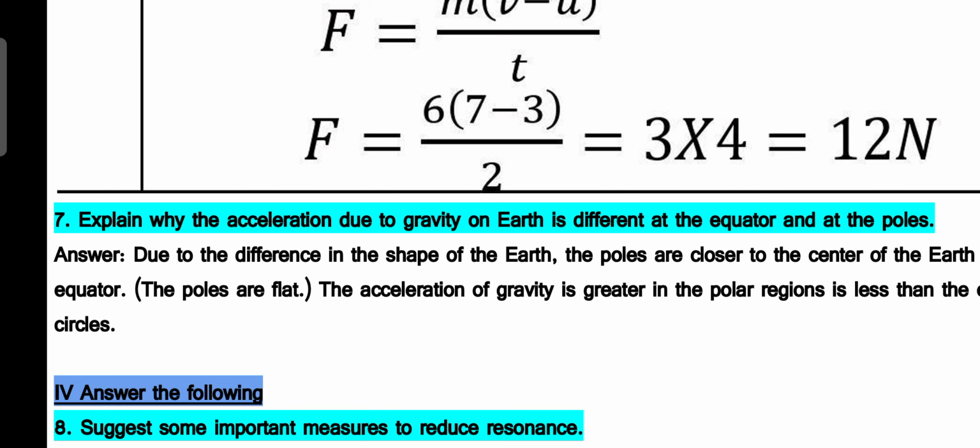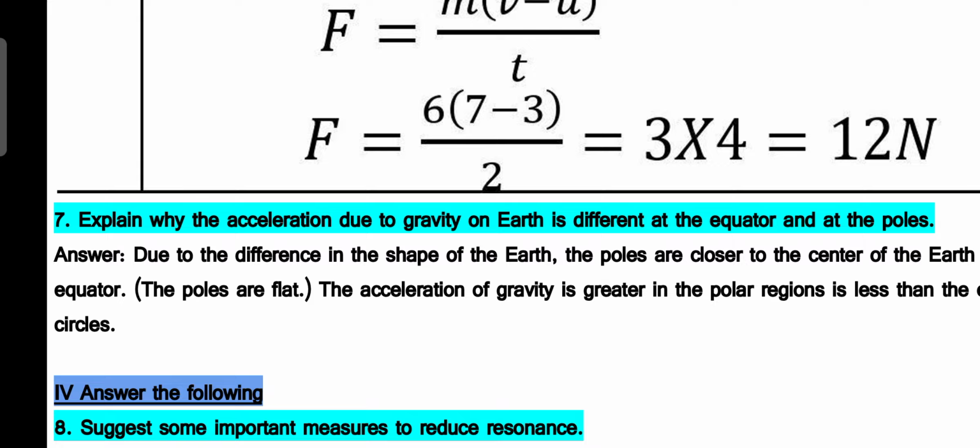The next question we are going to take is: explain why the acceleration due to gravity on earth is different at the equator and at the poles. It is because of the difference in the shape of the earth. Earth is a little bit flatter at the poles and a little bit bulged in the equator region.